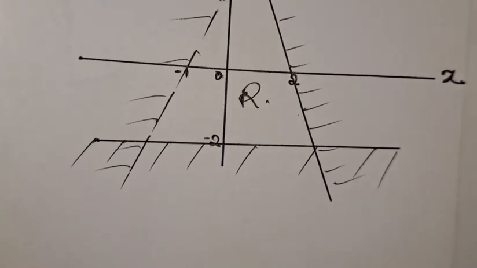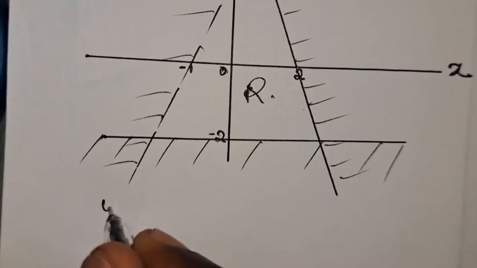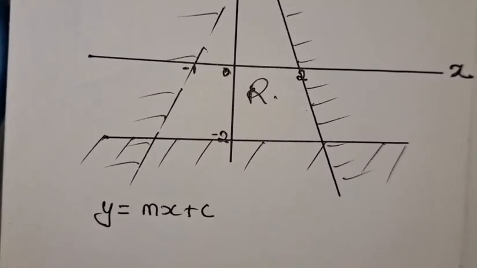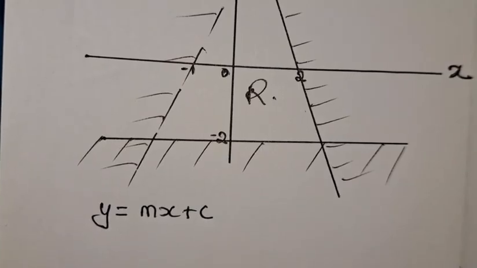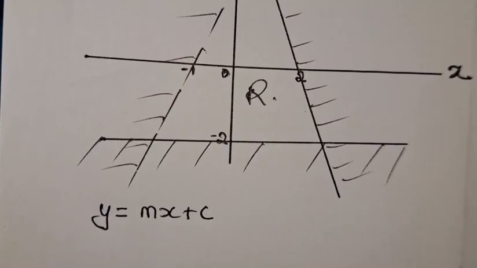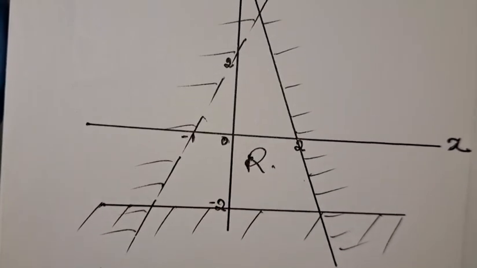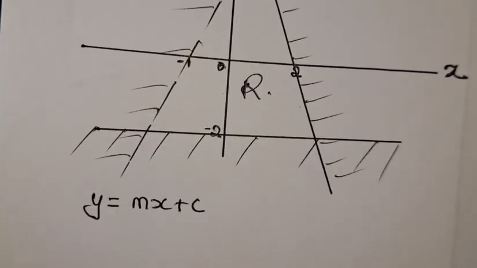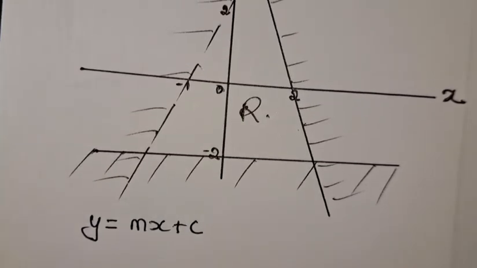What I want to tell you is that the equation of the line will always have this format, which is y is equal to mx plus c, where of course m is the gradient and c is the y-intercept, if any, where that line passes the y-axis. That is the value for c. Now we want to test to see which equations or inequalities define this shaded region.